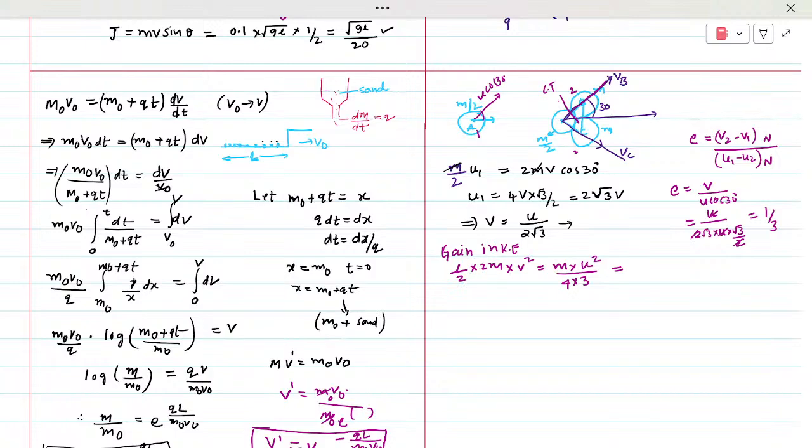And the initial kinetic energy also, the loss in kinetic energy during the collision. So here the loss is the gain in kinetic energy by blocks B and C, that equals mu square by 12.